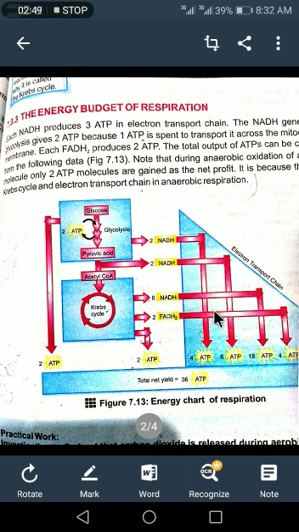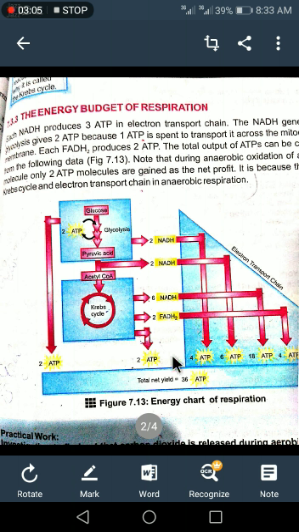These 6 NADH produce 18 ATPs, and these 2 FADH2 produce 4 ATP, because one FADH2 produces 2 ATPs.